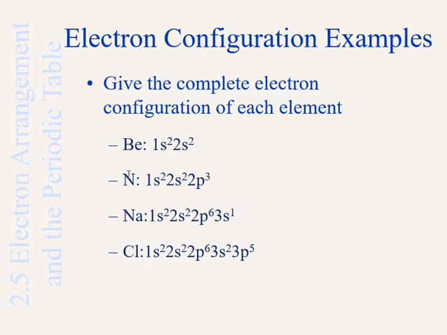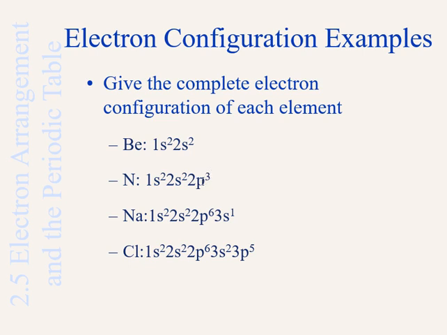Nitrogen has 7 electrons altogether: 1s2, 2s2, 2p3. So we end up with the second principal energy level with the p subshell having 3 electrons. Now, just to ask you, these 3 electrons, in which orbitals are they?